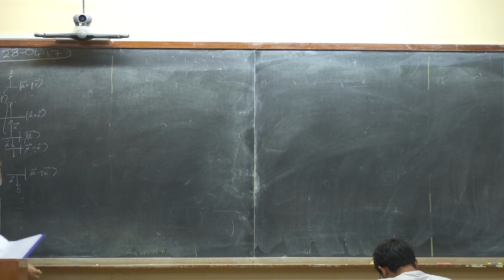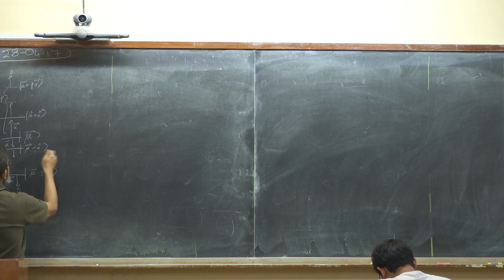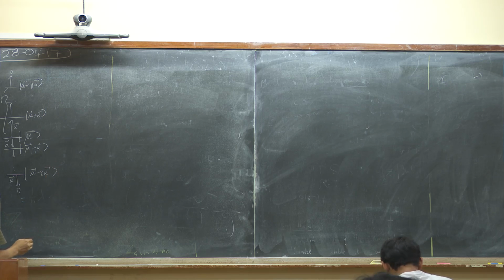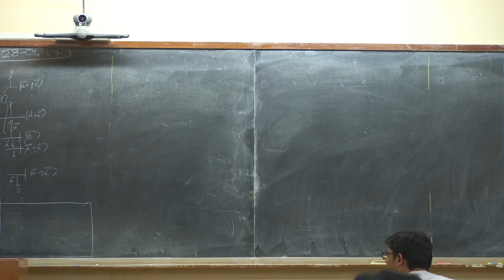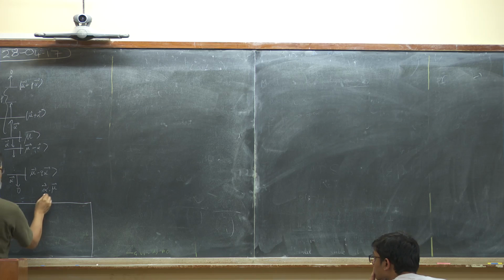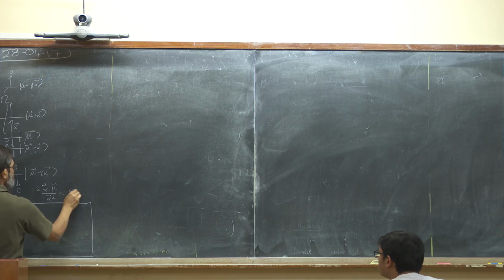And if that is the case, then by chasing the normalization constants at every level and adding them up, we got a master formula. So the master formula was this: 2 alpha dot mu divided by alpha square is equal to q minus p.